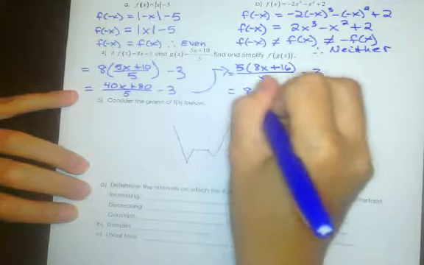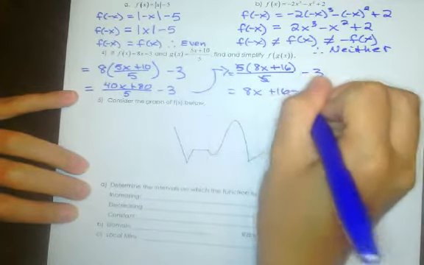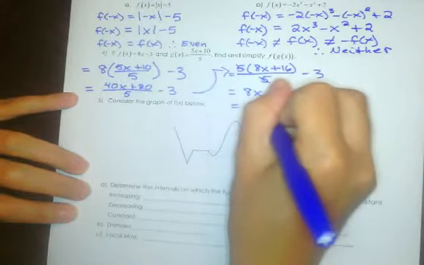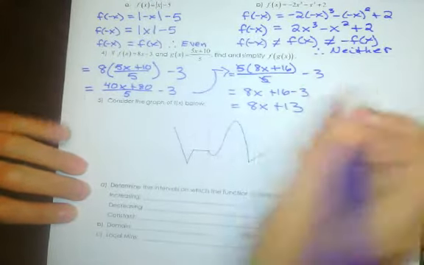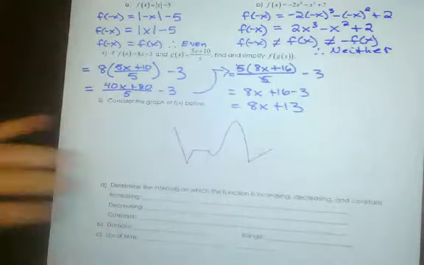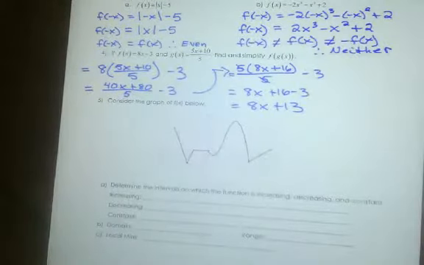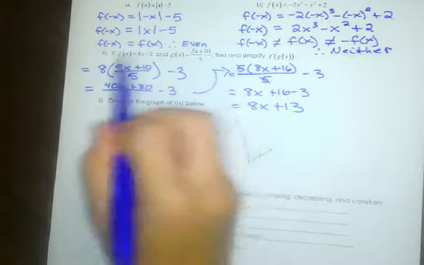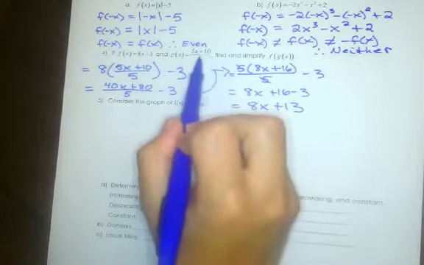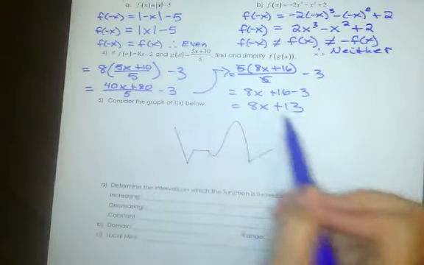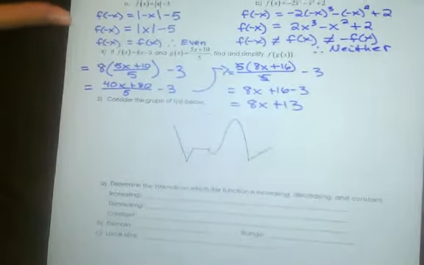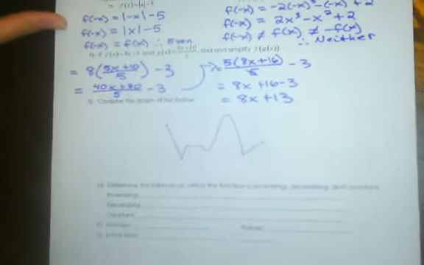So then you can say 8x plus 16 minus 3, and your final answer could be 8x plus 13. It might have been a little easier if you would have canceled that out from the beginning and gone from there. Here you could even talk about the domain, but there were no restrictions on the domain here, since this didn't have any restrictions and this didn't have any restrictions. Remember, for your final answer, you might have to pay attention to the domain of that, okay?